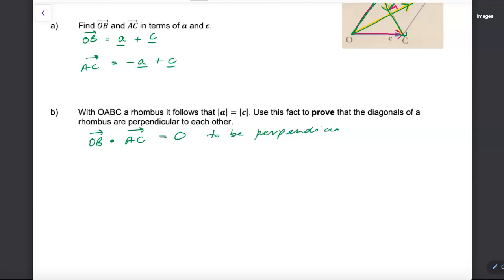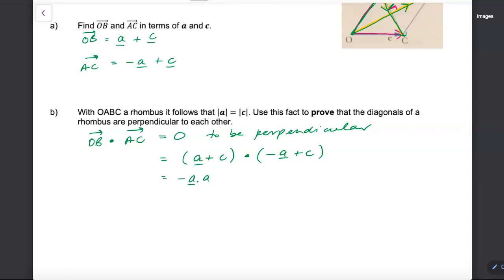We're going to perform the scalar product between the two diagonals. OB scalar product with AC, where we've got A plus C, scalar product with negative A plus C. So we've got negative A times A, plus A times C, take A times C, and C times C.